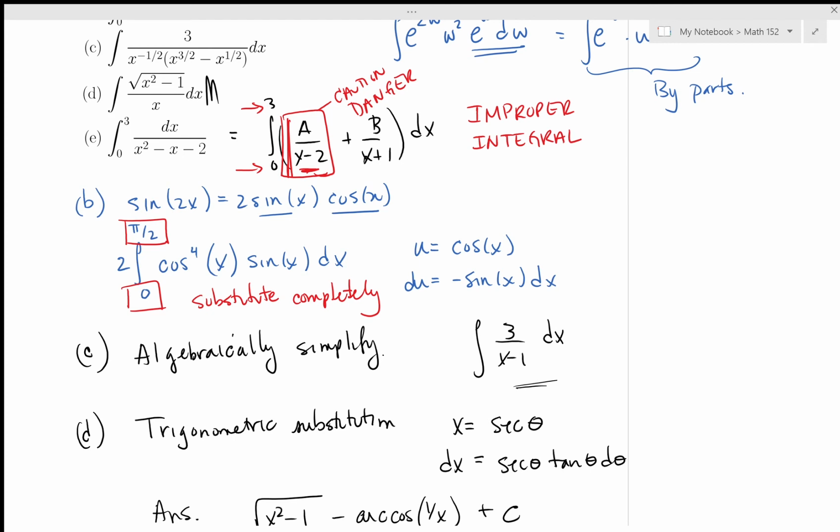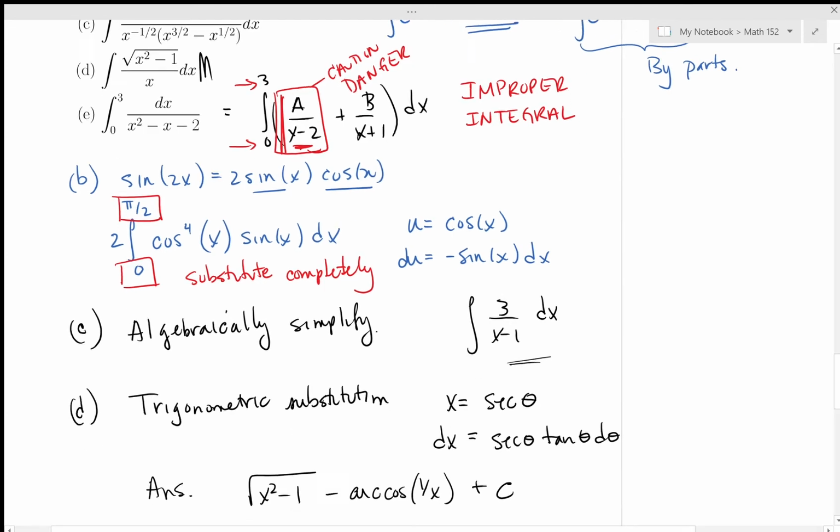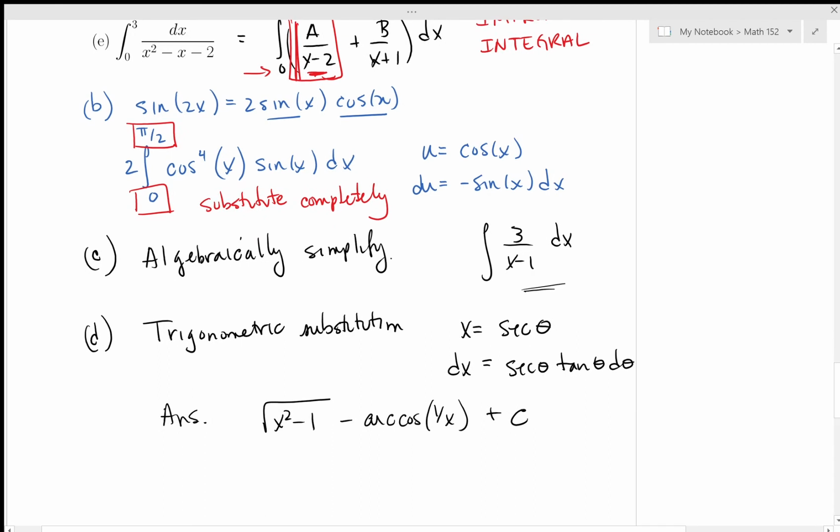Am I taking the logs of negative numbers? Am I dividing by 0 and not noticing? So you want to always have your antenna up for potential things that you can do that make you look like you don't know what you're doing. That's to be avoided at all costs.